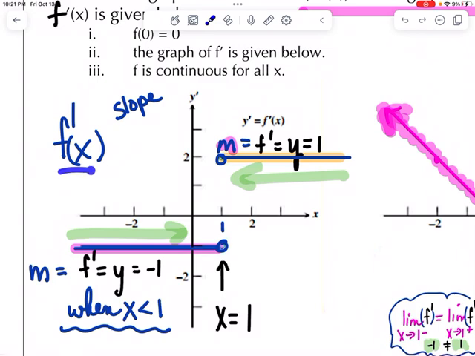So here's f prime. And we have 2 segments, one over here and one over here. And we notice that there is a jump discontinuity in the middle. Remembering that this is f prime, you have to say to yourself, all right, the slope is equal to f prime, which is y is equal to -1. It's a constant linear function, if you will.